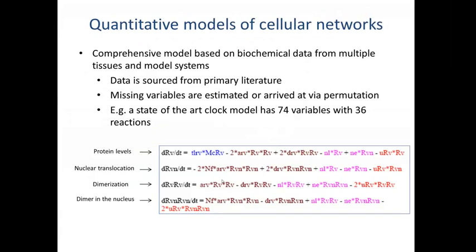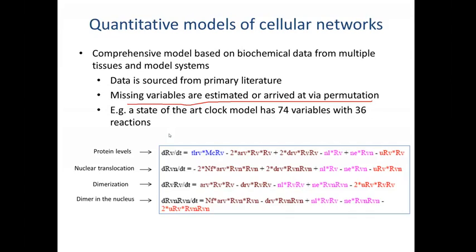So in general, quantitative models of cellular networks try to be comprehensive, based on bottom-up approaches, where they'll take biochemical data from multiple tissues and model systems. Data is typically sourced from the primary literature, in other words, reading papers. Where variables are missing, they're often estimated or arrived at via permutation.